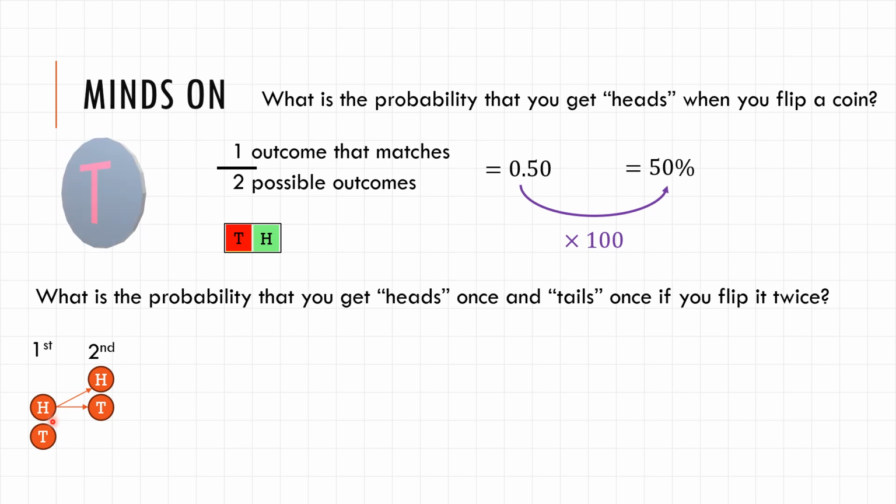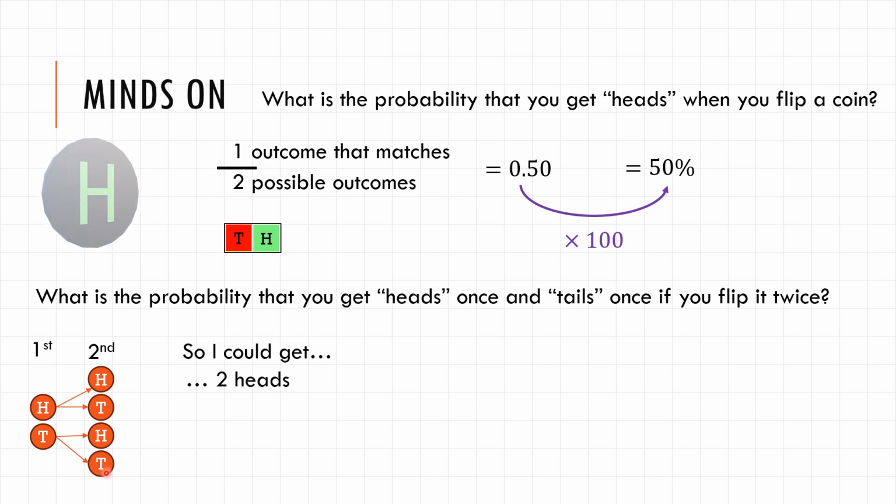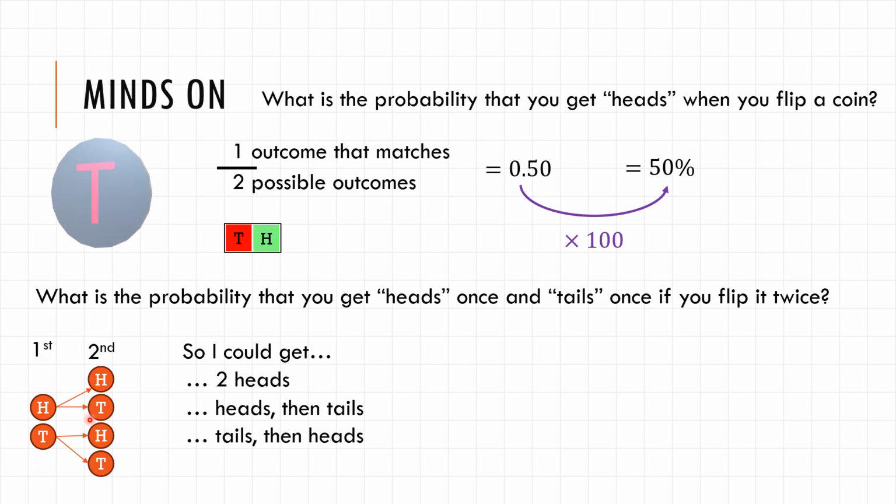Similarly, we could take the tails outcome and do the same thing. We could either get tails and then heads or tails and then tails again. So now there are actually 4 different outcomes, right? You could get 2 heads, heads and then tails, tails and then heads, or tails and then tails, 2 tails.